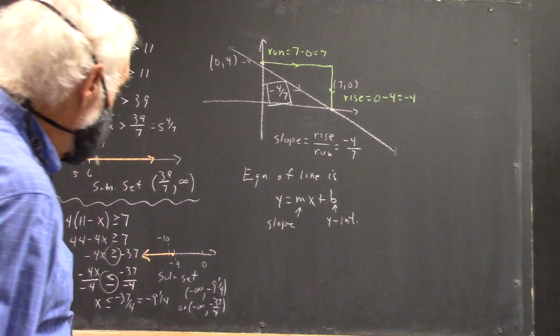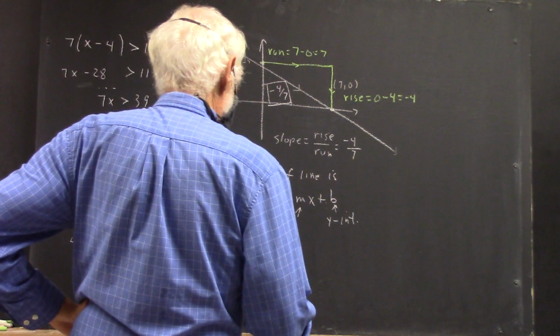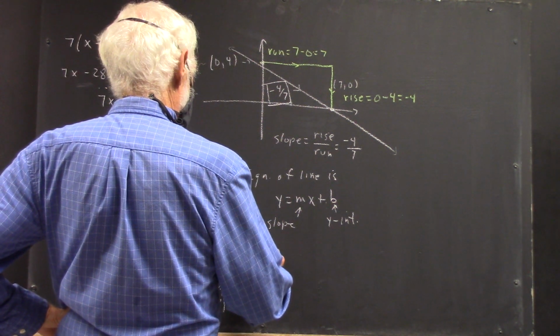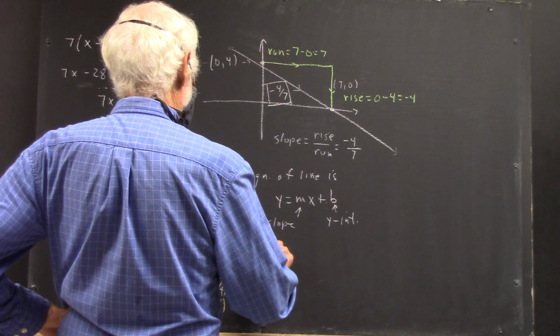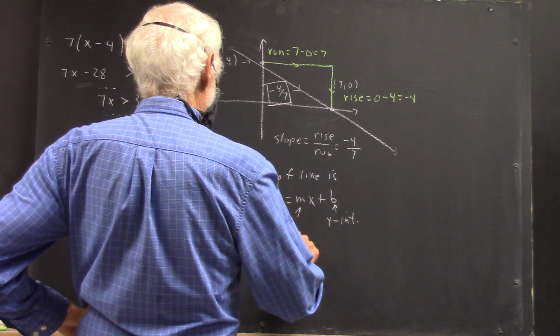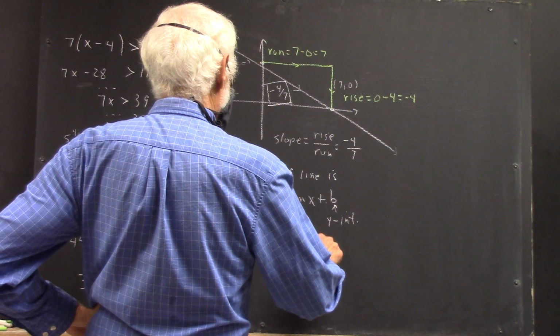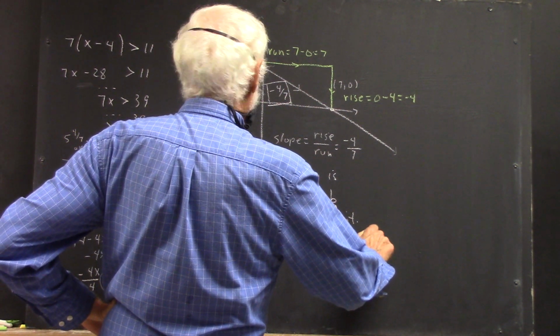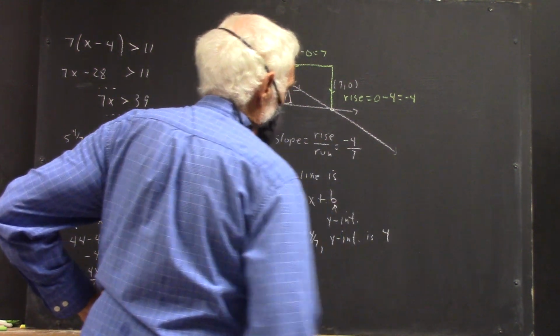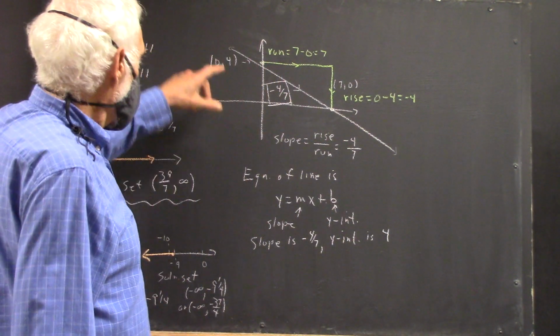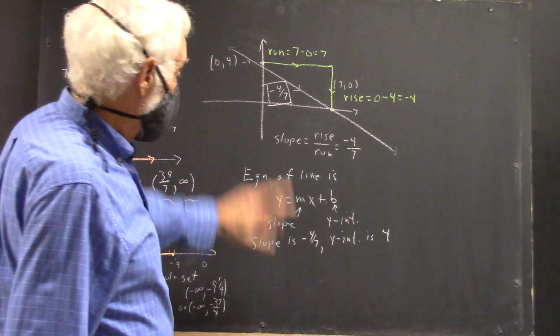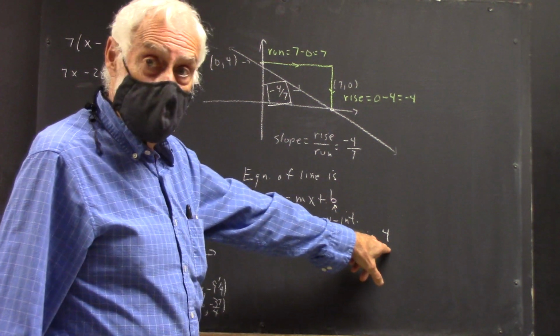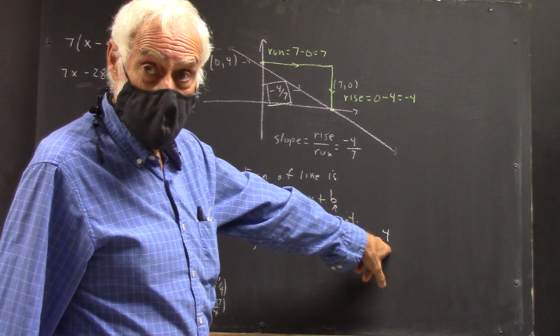Well, then the slope is negative 4/7. And the y-intercept is 4. There are two ways you can write the y-intercept. It's the point (0, 4), or it's just the value of y on that point, because you know the zero is there, right?